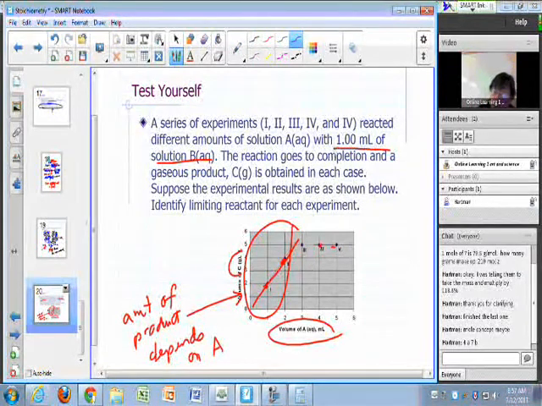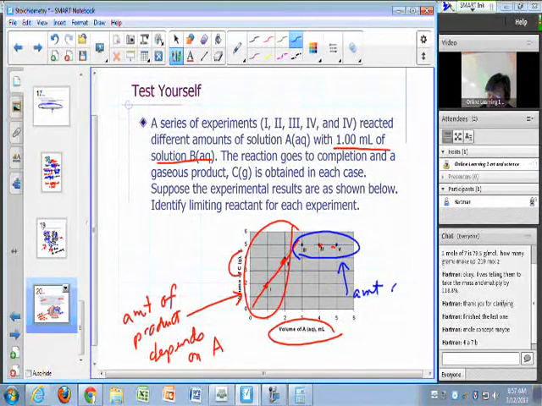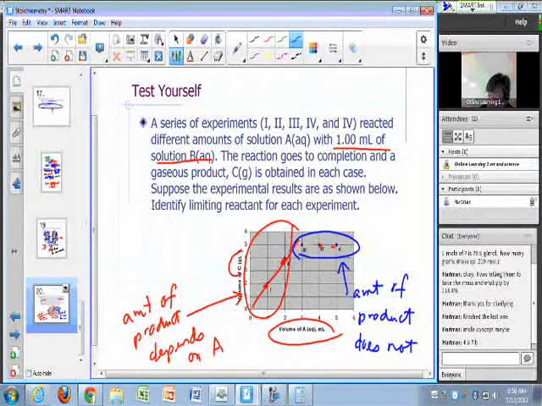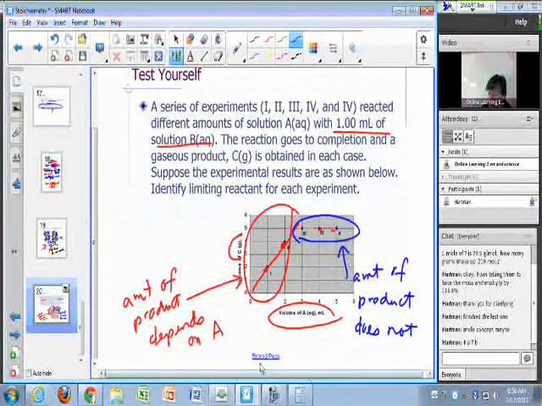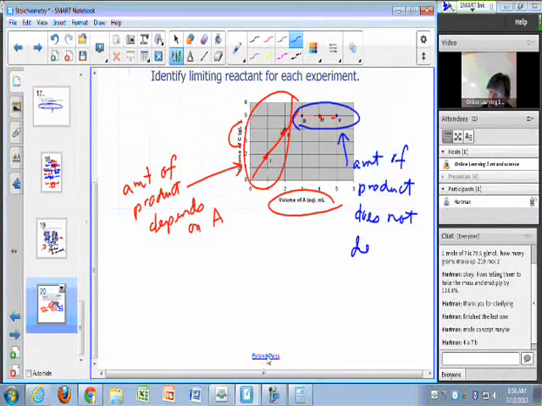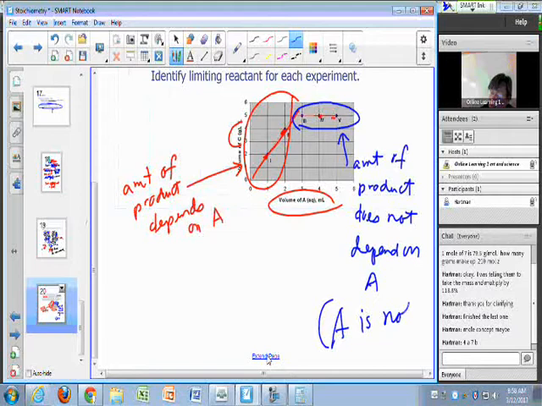But this part of the experiment right here, from 3, 4, and 5, the amount of product does not depend on A. So A is not the limiting reactant here.